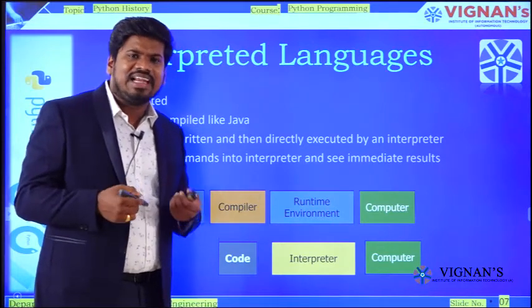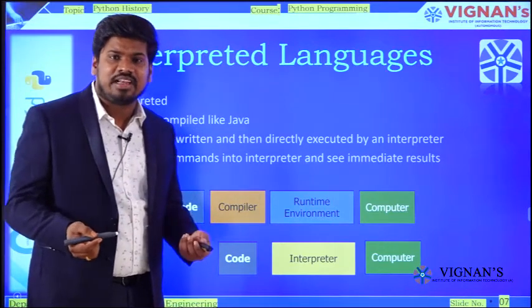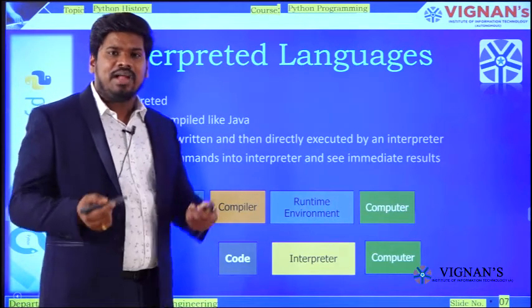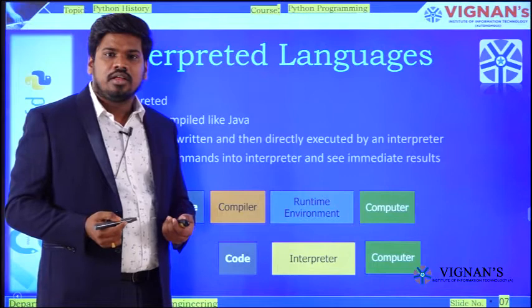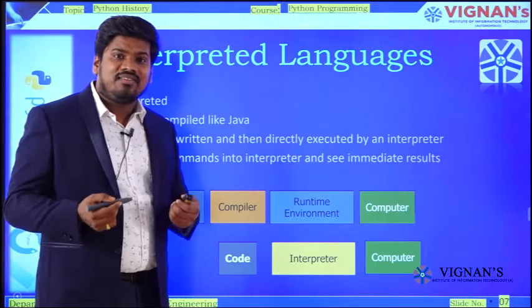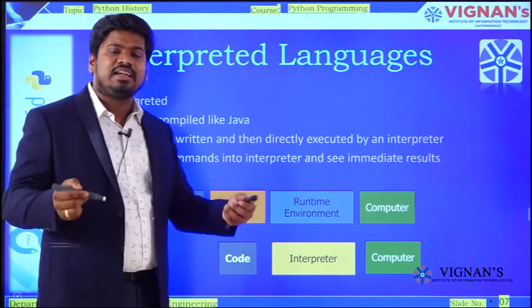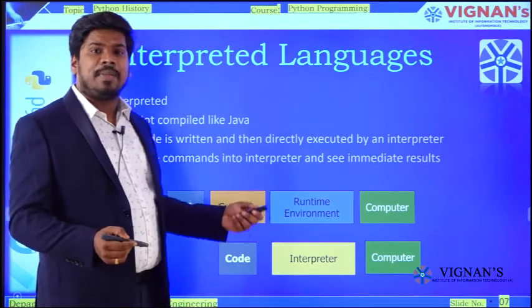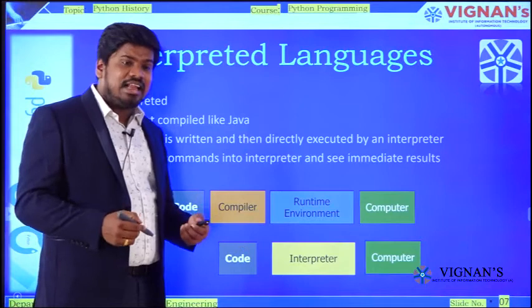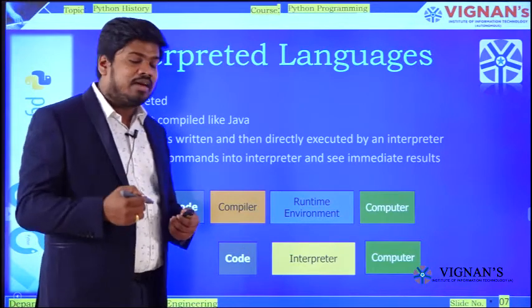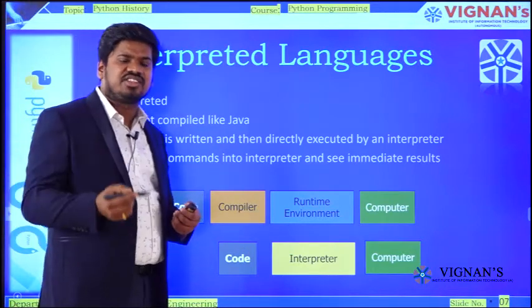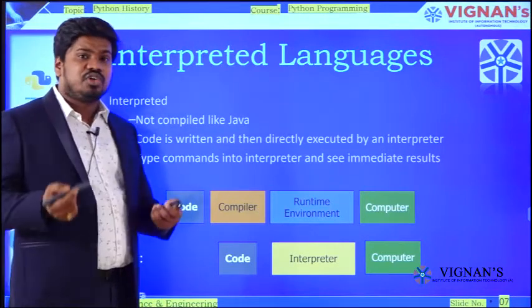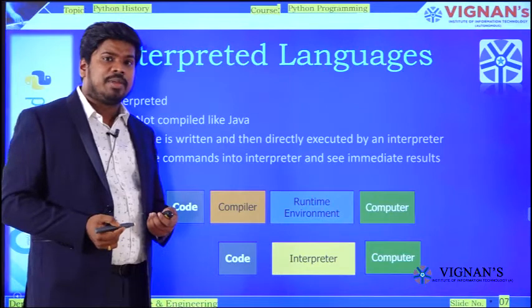For example, if I declare the variables int a, b, I cannot compile immediately; it will give me an error. I can only compile when I am done with the complete program. But with Python, I can see the output line by line, instruction after instruction. If you are interested in seeing the output, happily we can see it. That is the beauty of Python programming.